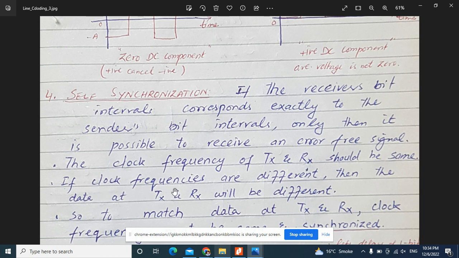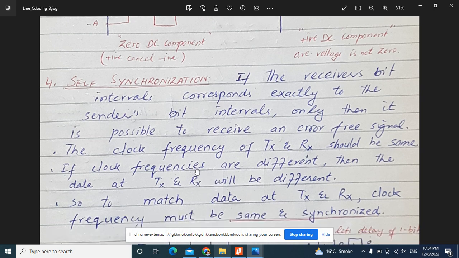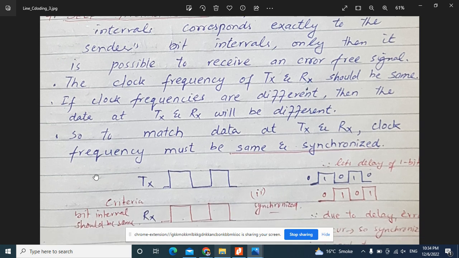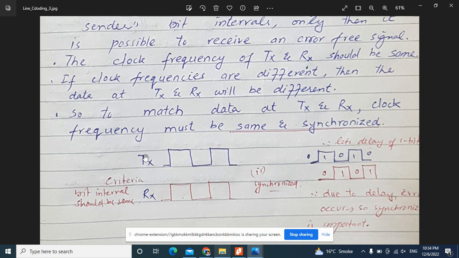If the clock frequencies are different, then the data at the transmitter and receiver will be different, or you can say that there will be an error. So, to match the data at the transmitter and receiver, the clock frequency must be the same and synchronized. This can be better understood by an example. For example, this is the transmission side and this is the receiving side.